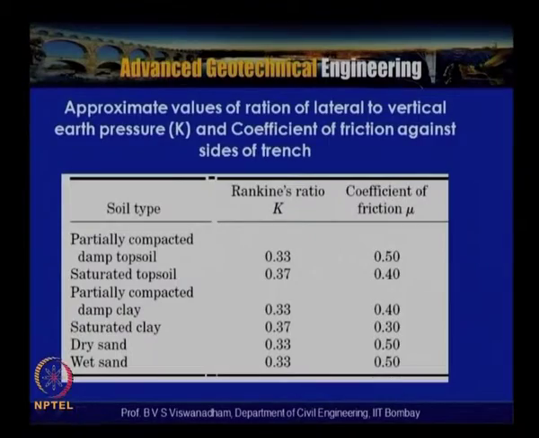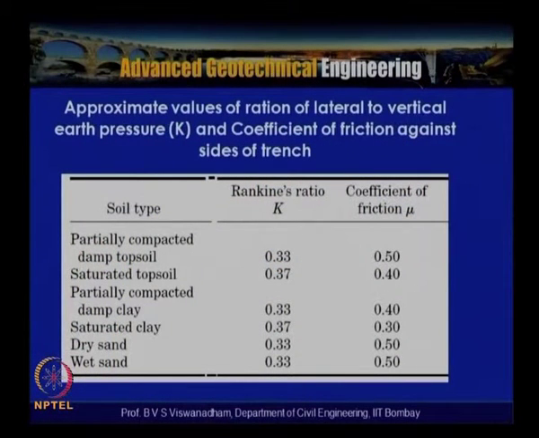So in this particular slide the approximate values of the ratio of lateral to vertical earth pressure K and coefficient of friction mu against the sides of the trench are given. This is the Rankine ratio K, which is given as 0.33 for a partially compacted damp topsoil, and the coefficient of friction is mu.